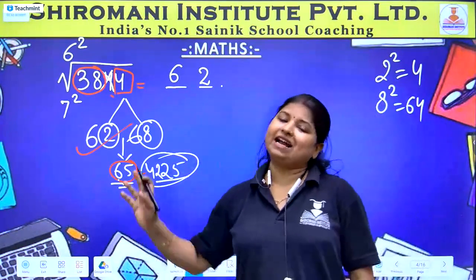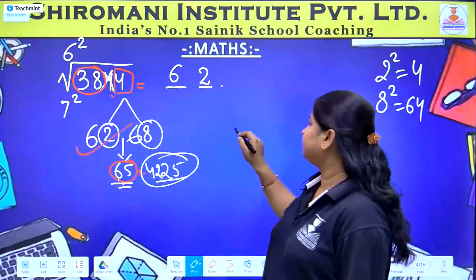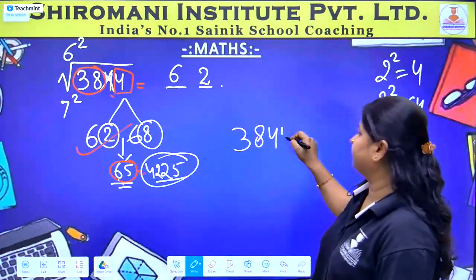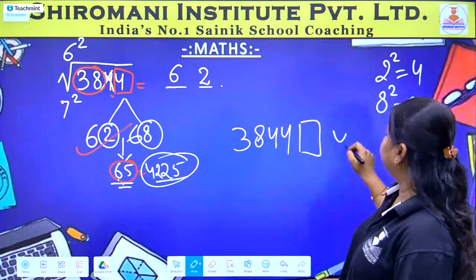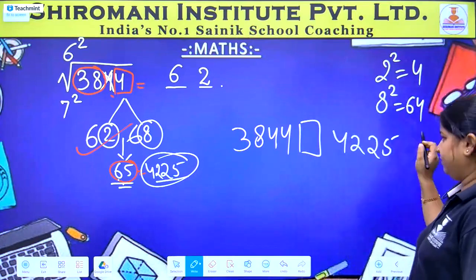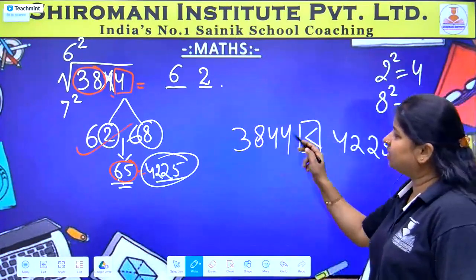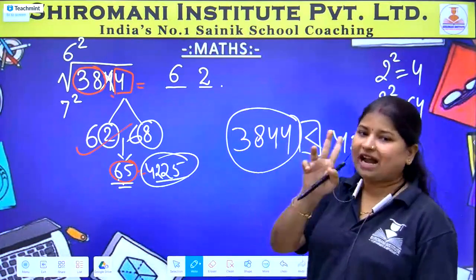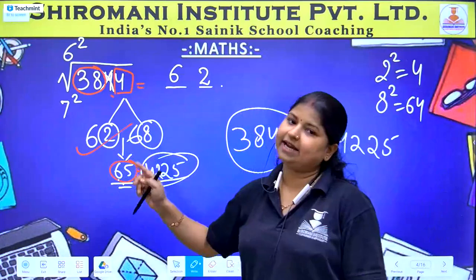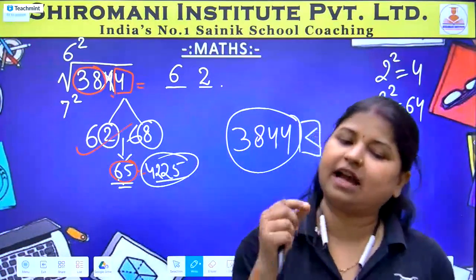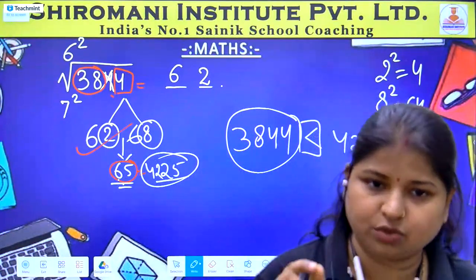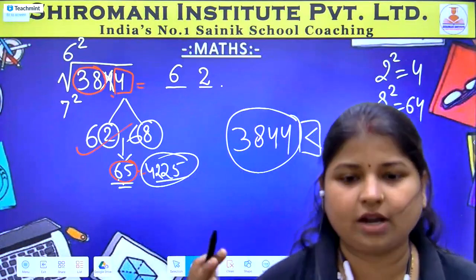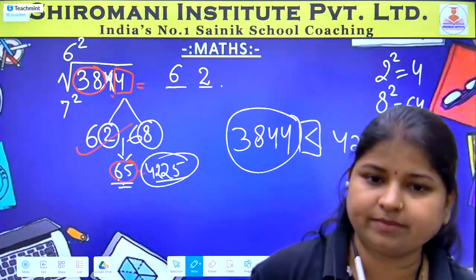Now just check that your question is 3844 and your result is 4225. So this is lesser. You have two numbers 62 and 68. Whichever is the lesser, that will be your answer. So 62 is lesser, that will be your answer. Okay, Prisha?